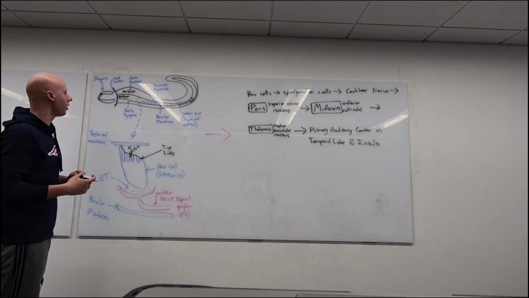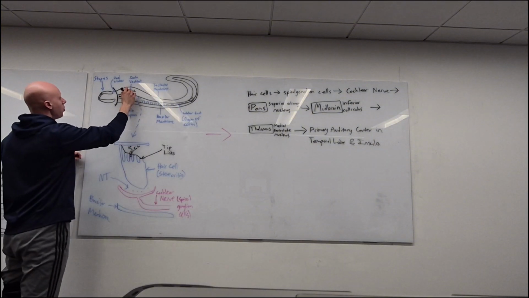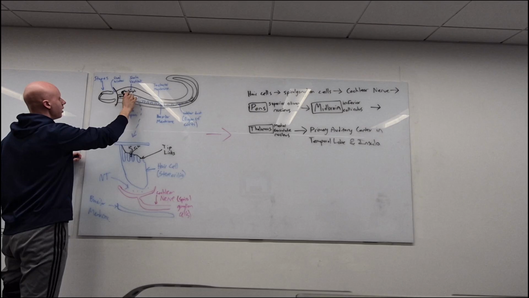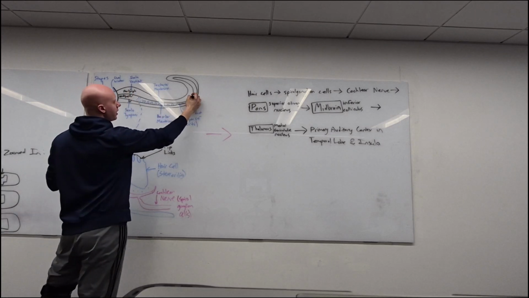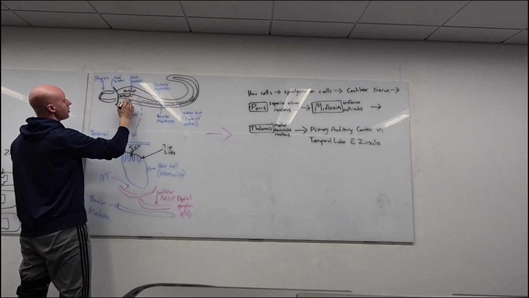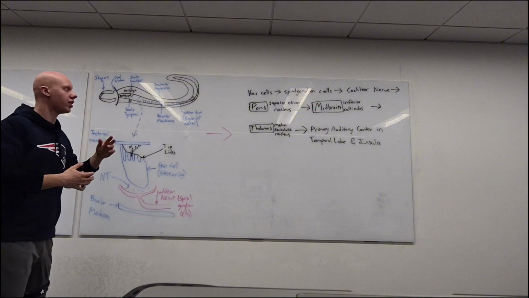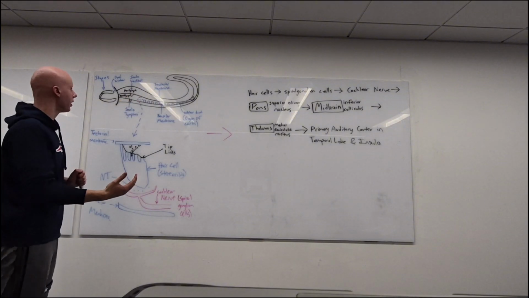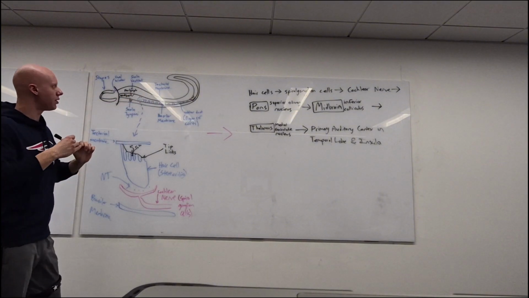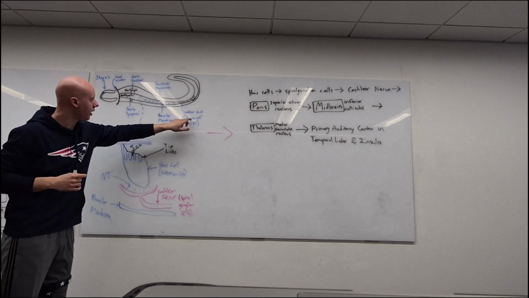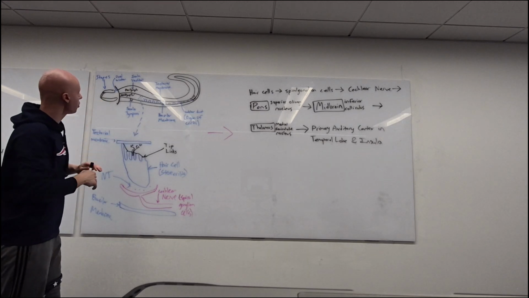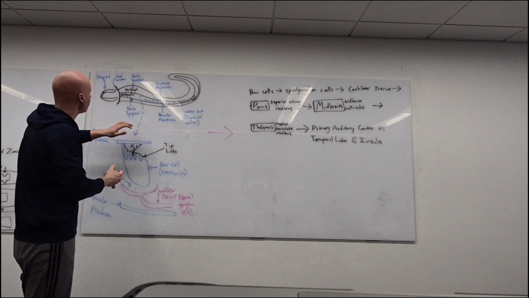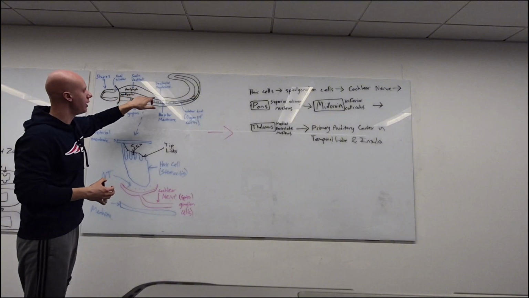If the sound waves are of high frequency, it's going to bend towards the base. All right, so low frequency, it bends at the apex. High frequency, it bends at the base. It's the perilymph that's going to do the bending. The endolymph is inside the cochlear duct, inside the organ of Corti, and that's just going to direct the sound waves to the specific area that the perilymph is bending the cochlear duct.